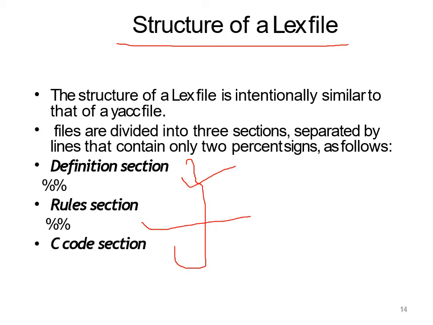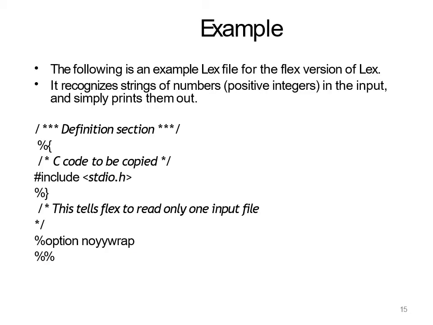I frequently use a term known as pattern. Patterns are defined inside the rule section, and finally we use the C code section for working out the entire lex file in the form of functions.